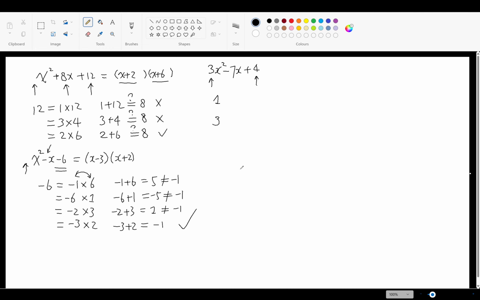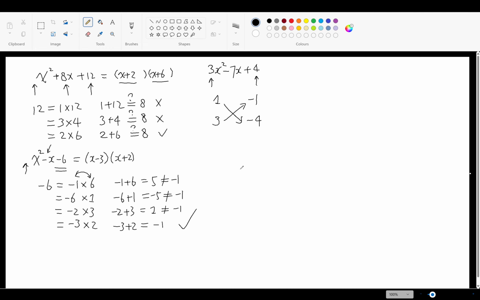So in this case, we write that as -1 multiplied by -4, and then we want to check something. The thing we want to check is the summation result of the cross multiplication. First, we do the cross multiplication, and then we sum the result of the cross multiplication.